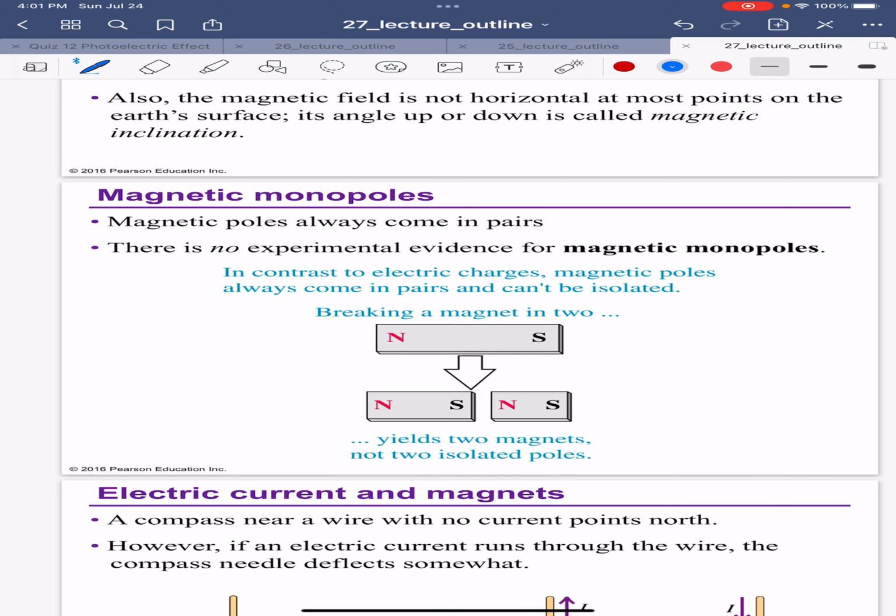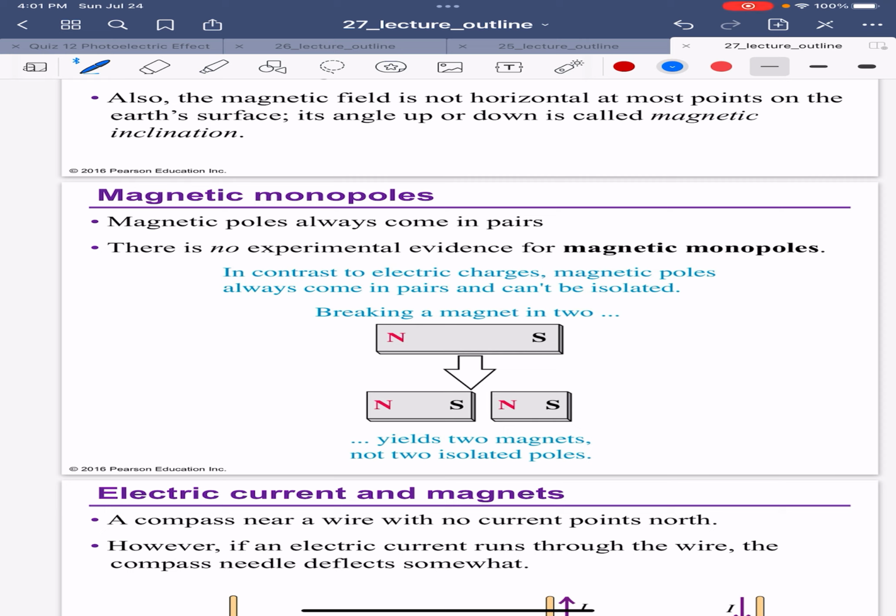Now, magnetic poles always come in pairs. We cannot have monopoles, like we cannot have a single pole. And this is the main difference between electricity and magnetism, or between electric particles and magnetic things. That is, we cannot separate north from south.